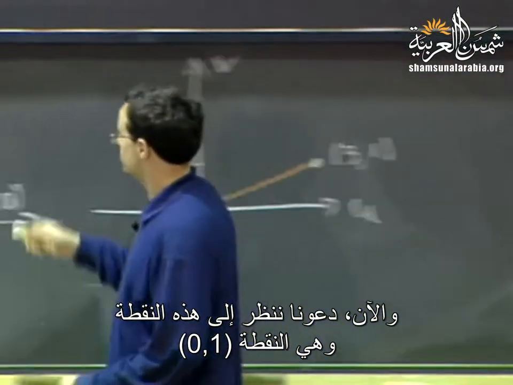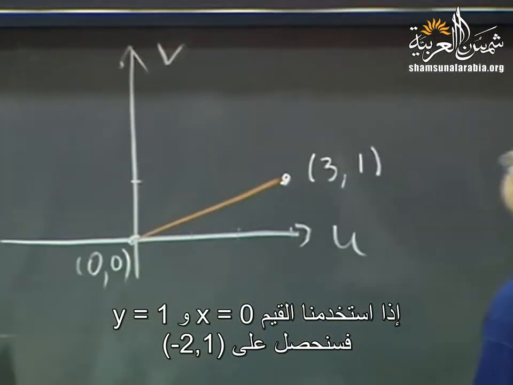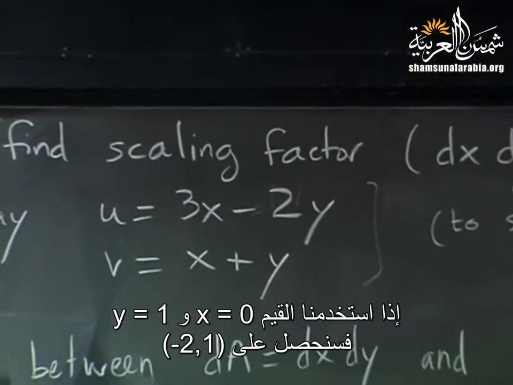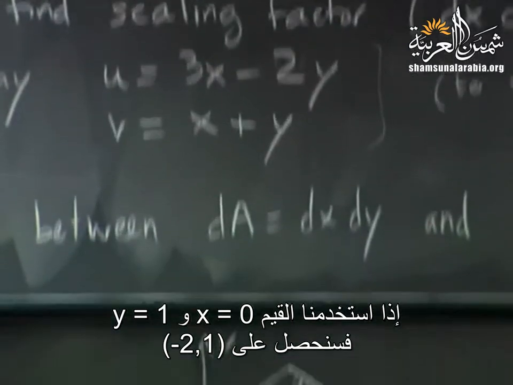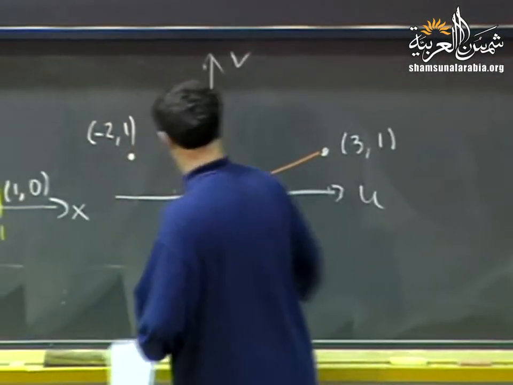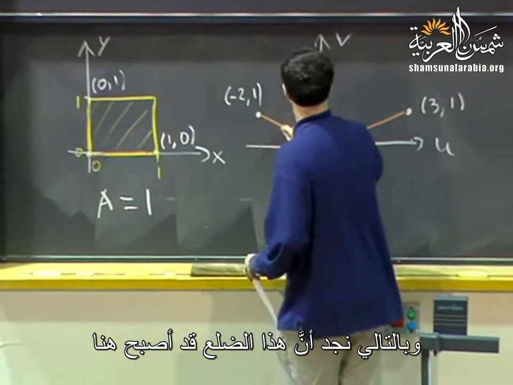Next, let's look at that point. So that point here was 0, 1. If I plug x equals 0, y equals 1, I will get negative 2 and 1. So this edge goes here.